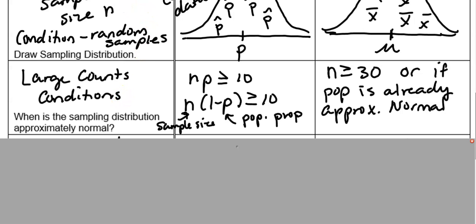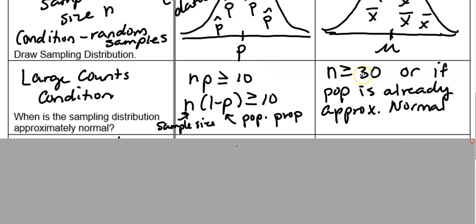For proportions, we have to verify that n, the sample size, times p, the population proportion, is greater than or equal to 10, and n times 1 minus p is also greater than or equal to 10. As long as that condition is satisfied, the distribution of sample proportions will be approximately normal.